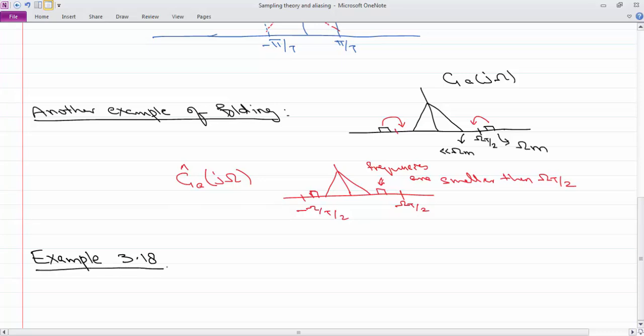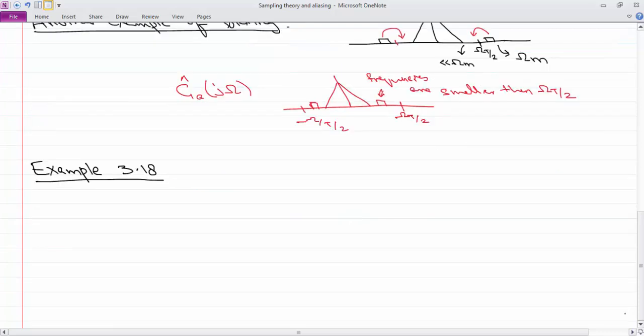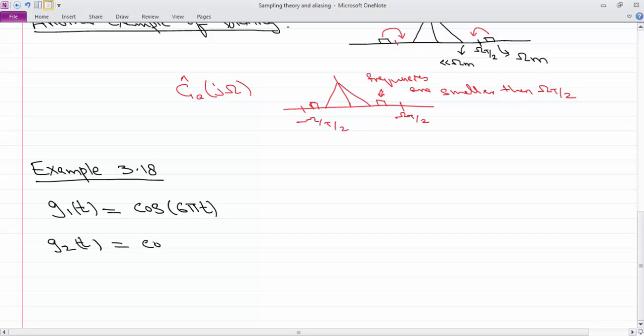So this is example 3.18. We had previously looked at a similar version of this just in theory. So we are given three sinusoids, g1(t), which is a 3 Hertz cosine, then g2(t), which is a 7 Hertz cosine, and g3(t), which is a 13 Hertz cosine.